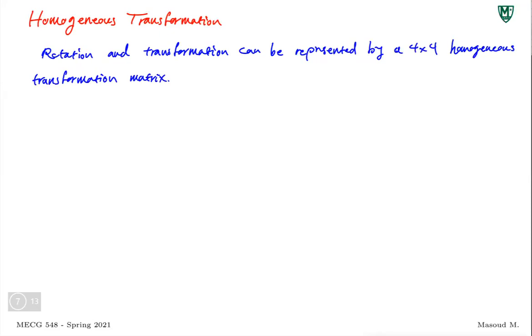We usually represent it with T_G, transformation from local coordinate frame to global coordinate frame.